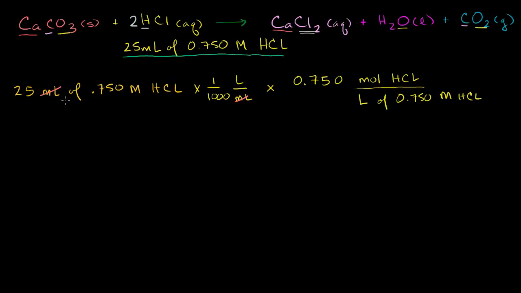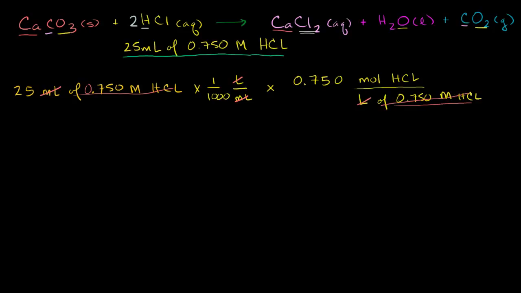And then I want to convert from the solution to the actual number of moles. If something is 0.75 molar, that means that there is 0.75 moles of hydrochloric acid per liter of the solution. And so the liters cancel out with the liters, and the solution cancels out with the solution.